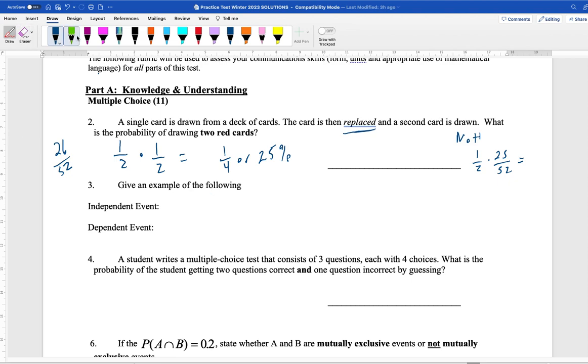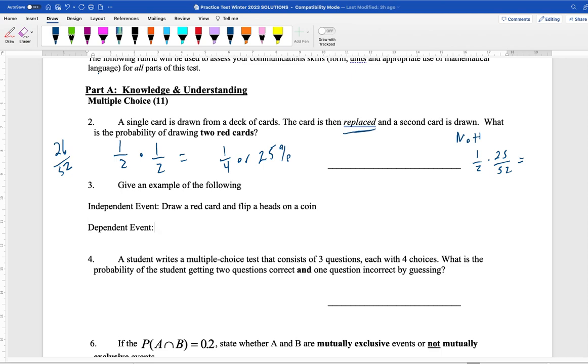Give an example of the following. An independent and a dependent event. Okay, well, independent would be draw a red card and flip a heads on a coin.